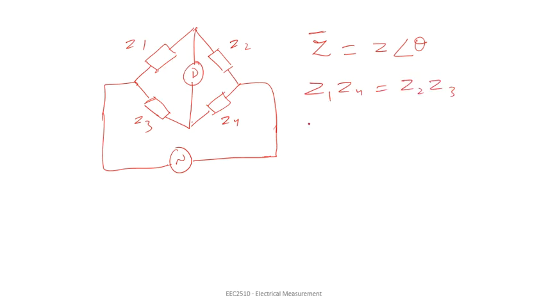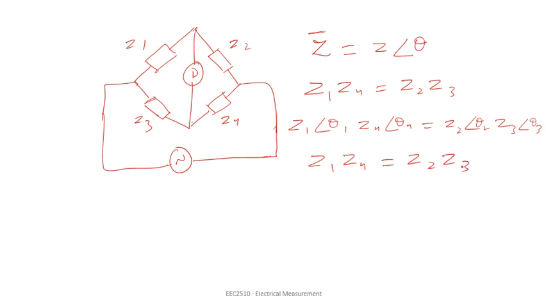There can be two things in this. We can also write it in this form if we also write the angles: Z1 angle theta 1 multiplied by Z4 angle theta 4 should be equal to Z2 angle theta 2 multiplied by Z3 angle theta 3. So what are the two different conditions? One condition is that Z1 Z4 should be equal to Z2 Z3, and the other is that theta 1 plus theta 4 should be equal to theta 2 plus theta 3.